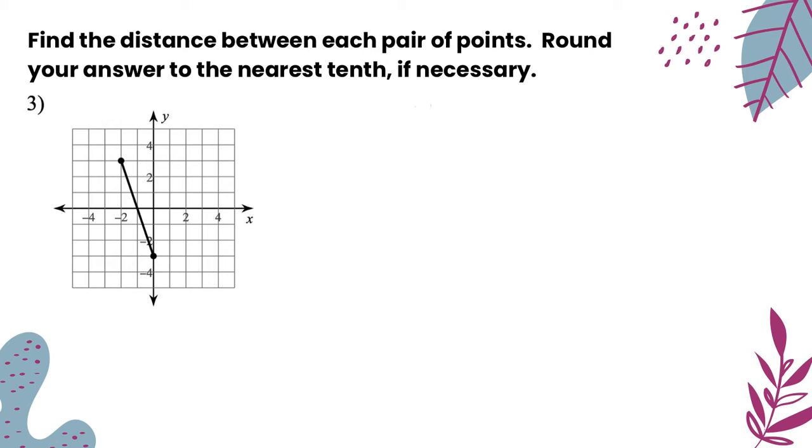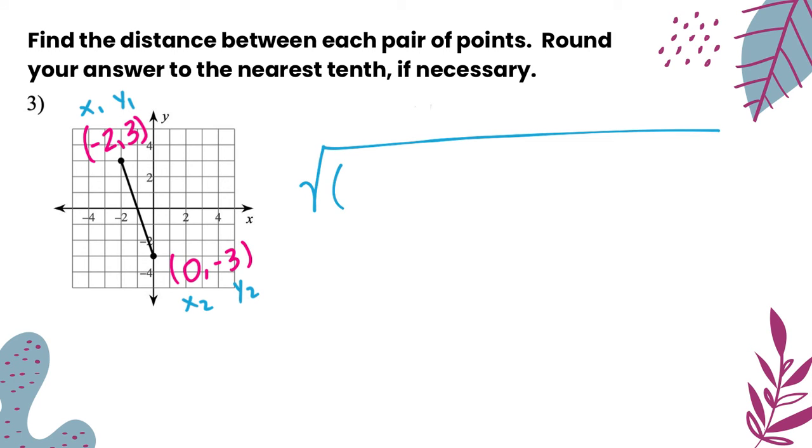We can do the same work with a graph. The only difference is that we have to find the coordinates instead of being given the coordinates. So I have the coordinate negative 2, 3, and the coordinate 0, negative 3. Then I will assign this as x1, y1, x2, y2. So I'll start with x2 minus x1 and y2 minus y1.